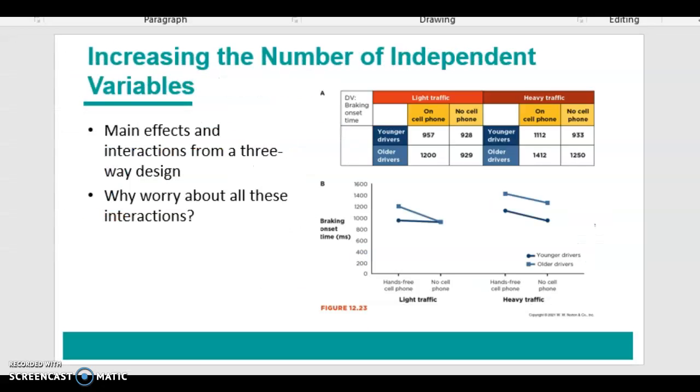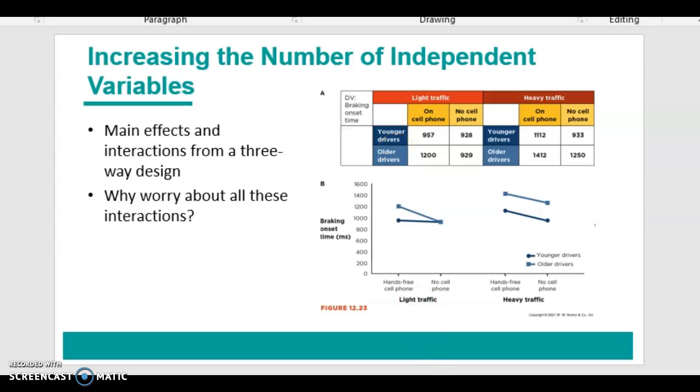Increasing the number of independent variables. Sometimes we need more than 2, or we're curious and we want to measure more than 2 independent variables. So again, breaking onset, remember that's our dependent variable, that hasn't changed. But now we're curious if traffic has an effect on the dependent variable, and we're still looking at cell phone use and age of drivers.